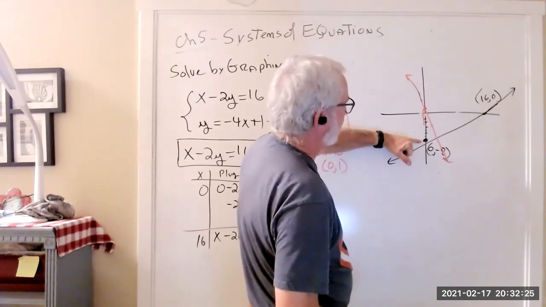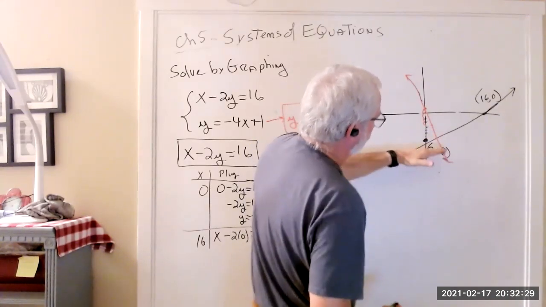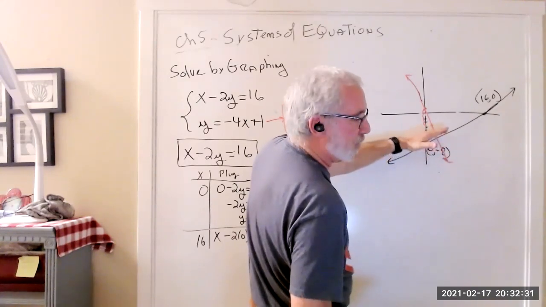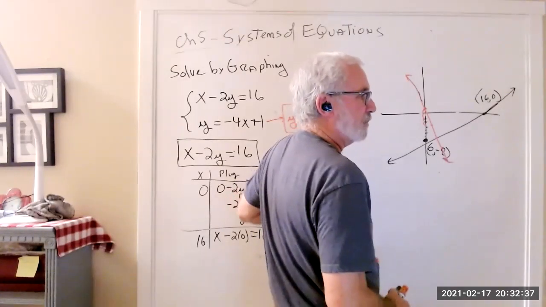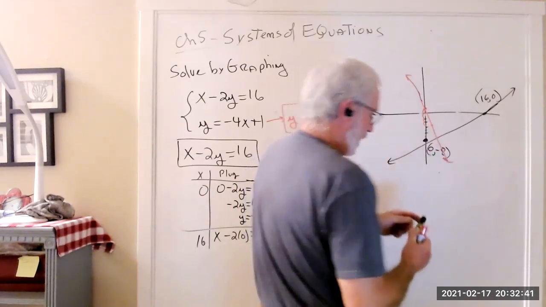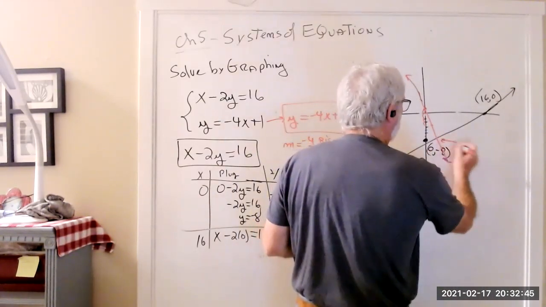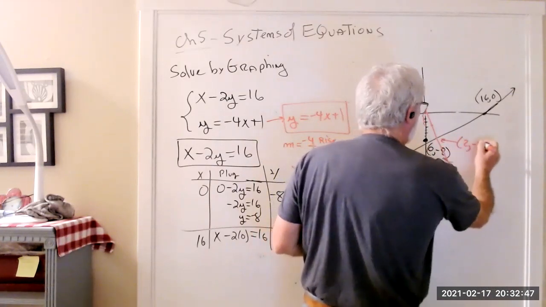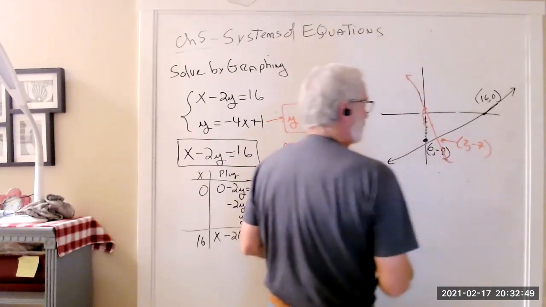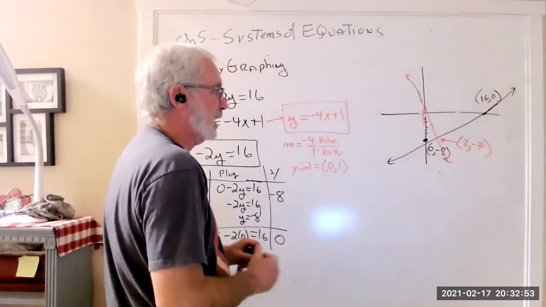This is negative 8 here, and this line is going up, so it's a little bit more than negative 8. I'd say it's negative 7. But you're pretty close. And remember, x comes first, so this is 2, negative 7. But you were very, very close. I know exactly what you meant, and that's a pretty good guess.